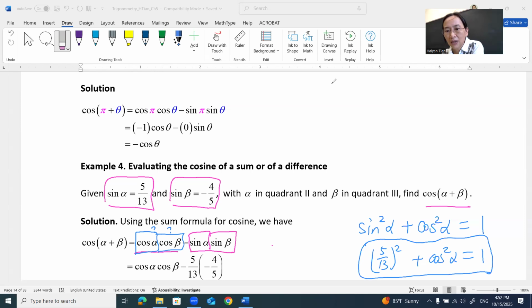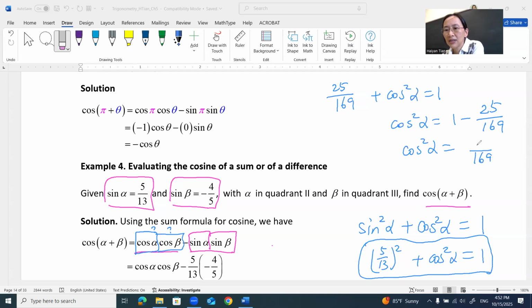That means 5 squared, 25, over 13 squared, plus cosine squared alpha is 1. Then we subtract 25 over 169 from both sides of the equation, so we can get cosine squared alpha. 1, if you write it as a fraction, is 169 over 169.